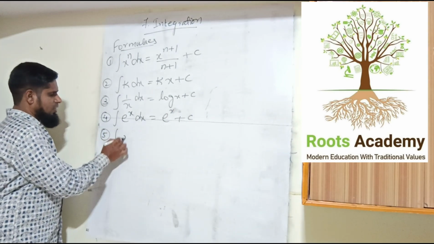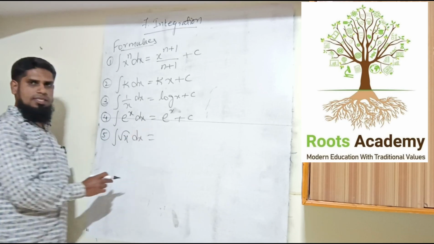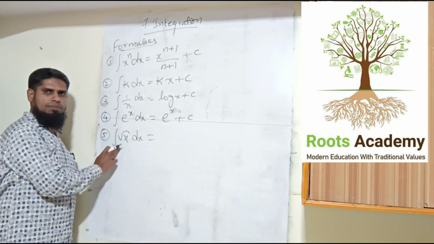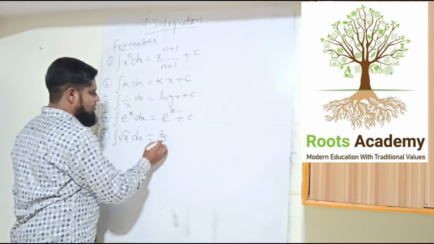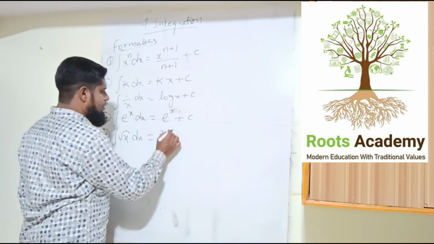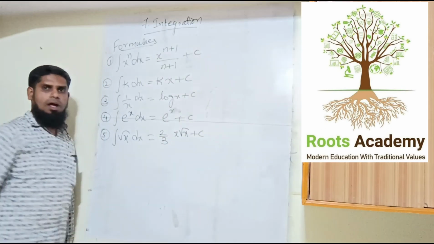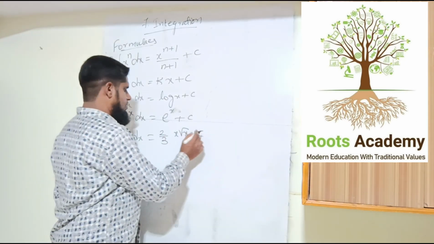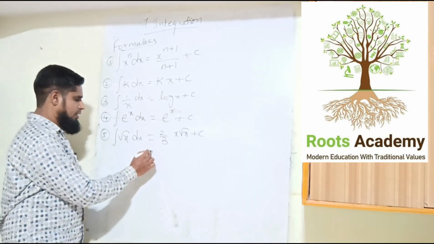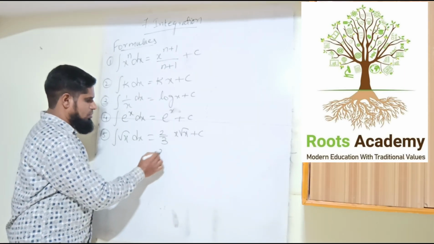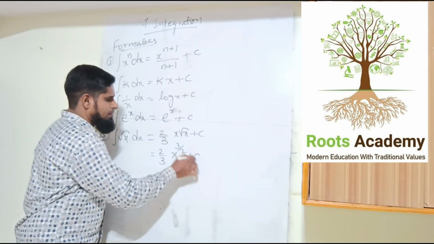Then fifth, integration of root x dx. Root x is x power half, because root means x power half. According to that, we will write this as 2 by 3 into x root x plus c, or we can also write x power 3 by 2, that is 2 by 3 into x power 3 by 2 plus c.